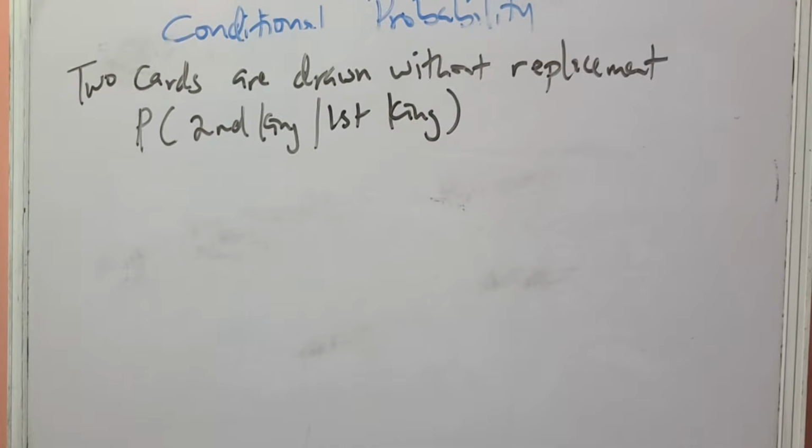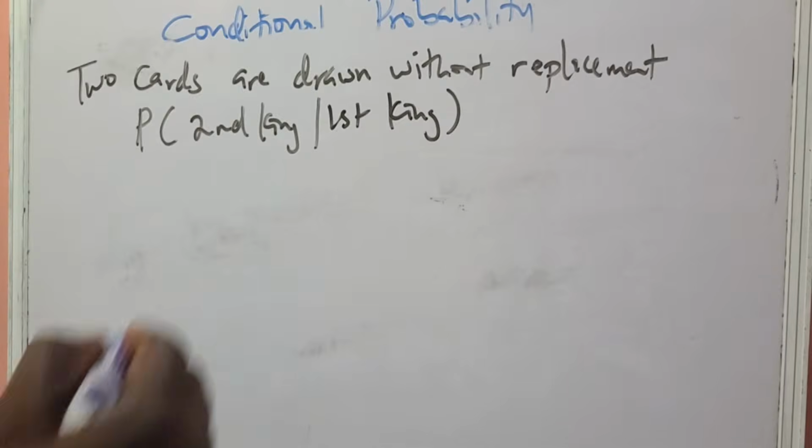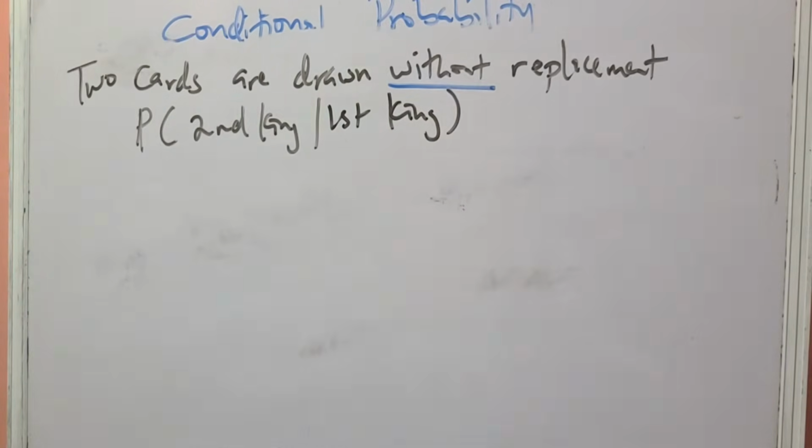All right, so 2 cards are drawn without replacement. Look at the keyword here: without replacement. The whole point, as I told you already, is looking at this word. Is it with replacement? Is it without replacement? So 2 cards are drawn without replacement, and we find the probability that the second was a king, given that the first was a king.